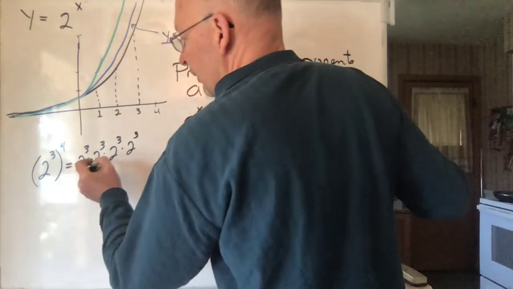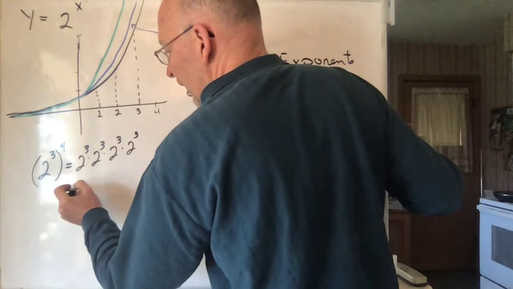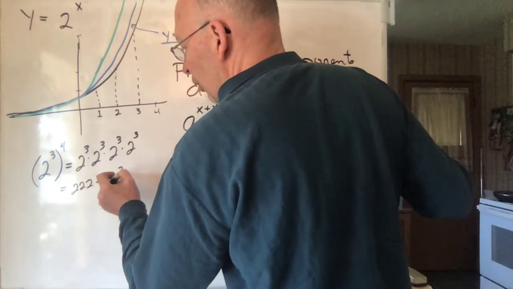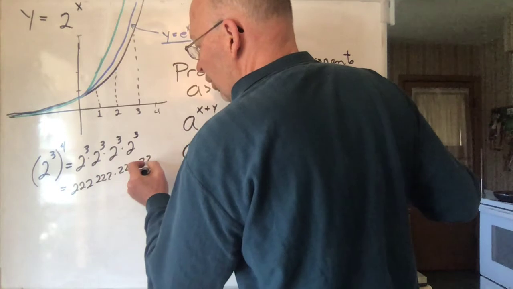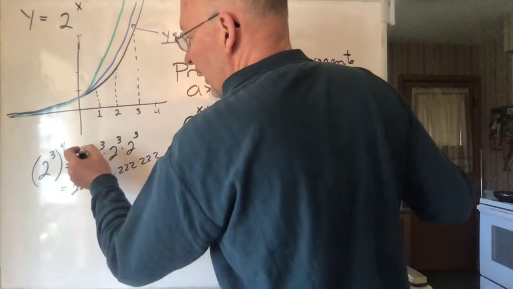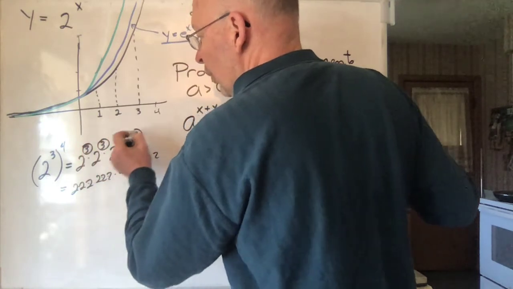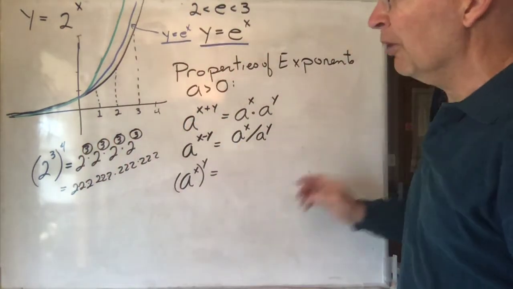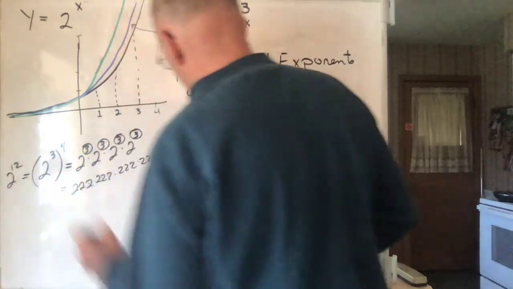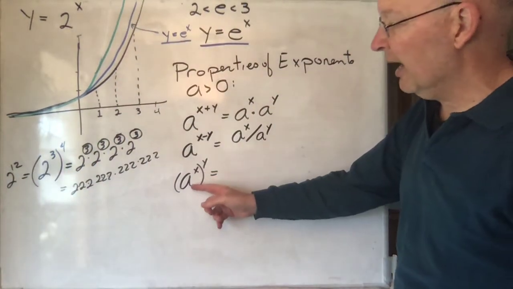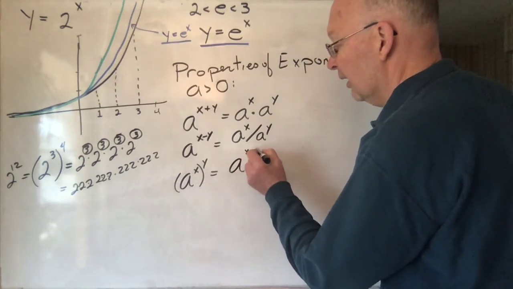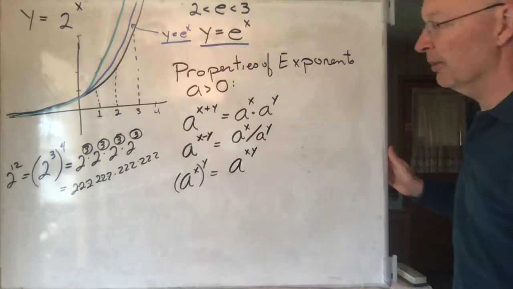And now if I were to even expand this further, I've got 2, 2, 2 here, and I've got 3 more 2's here, 3 more 2's here, and 3 more 2's here, all being multiplied by each other. And so you notice I have 3, 6, 9, 12 2's all being multiplied. So this is just equal to 2 to the 12th power. So in other words, when you take a to one thing all raised to the other thing, that's a to the x times y power. So that's an important property.